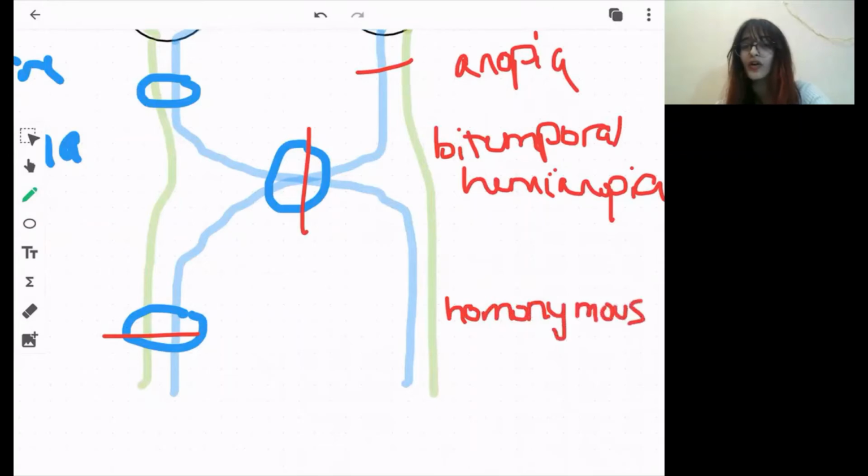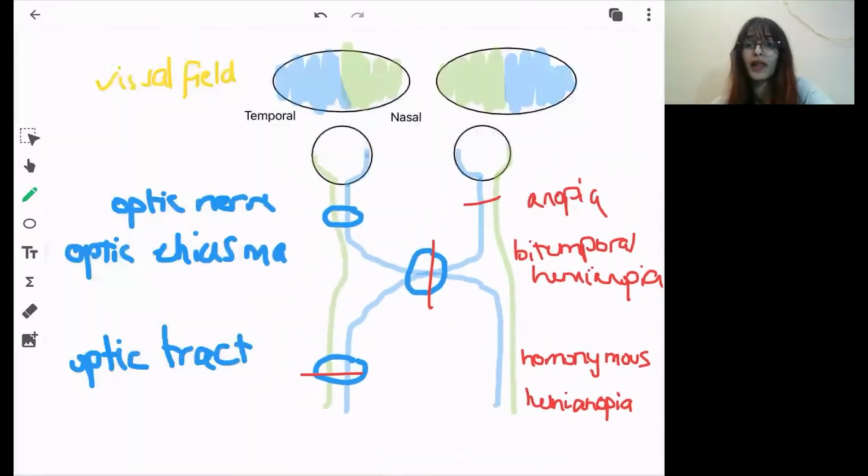Why homonymous? Because it is the same side of the visual field: if left part in one eye, then in the other eye also left part. And hemianopia, why? Because there is only half blindness, not full. Full blindness is when the optic nerve is damaged, and that is called anopia.